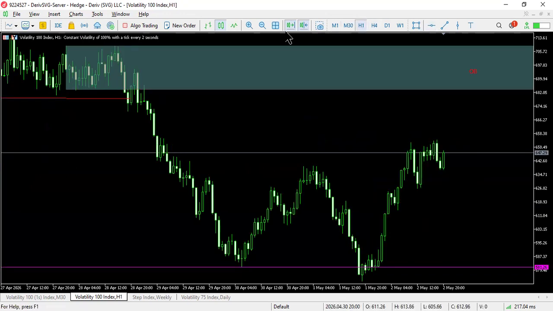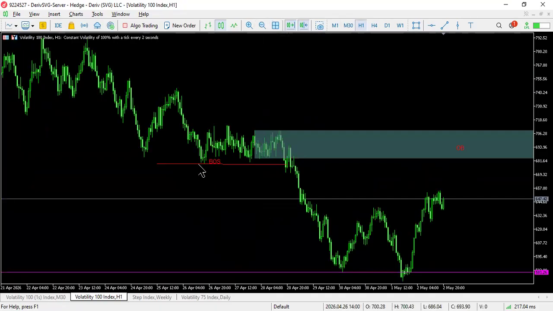Heading over to the entry time frame, which is our 1 hour. So our break of structure from the 1 hour is going to be at that level.